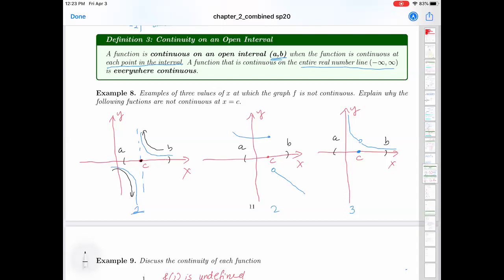The limit of the function, let's say f of x, when x goes to c doesn't exist. That means the function f of x is not continuous at x equals c.